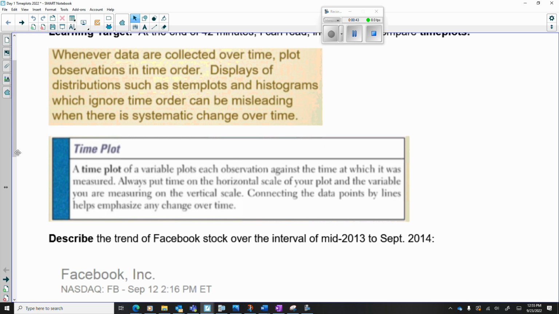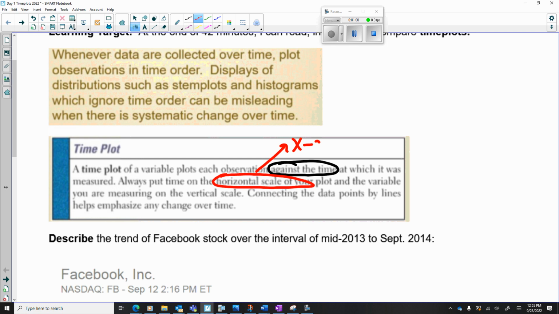So what we see here is that the time plot displays each observation against time, and notice that it says the horizontal scale, which is the x-axis, is going to be the time. So the x-axis is the time, and the y-axis is whatever the variable of interest is, a quantitative variable.